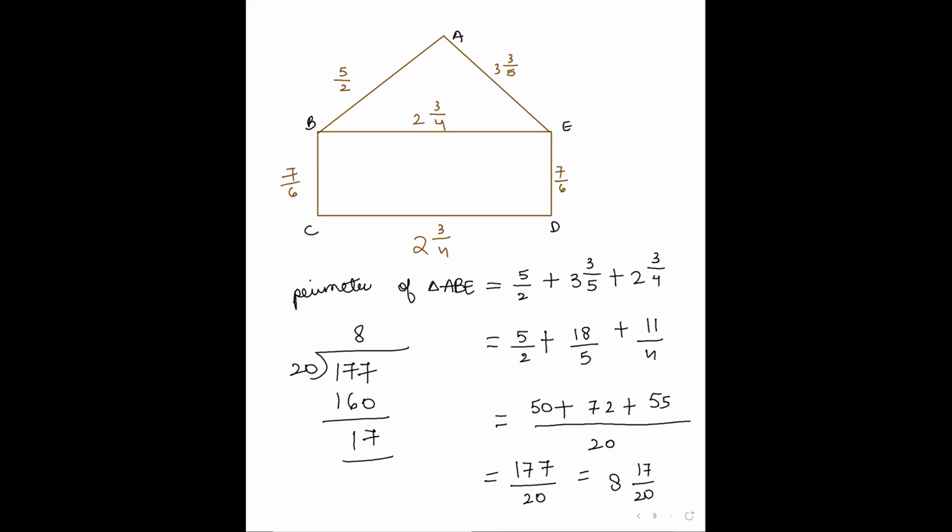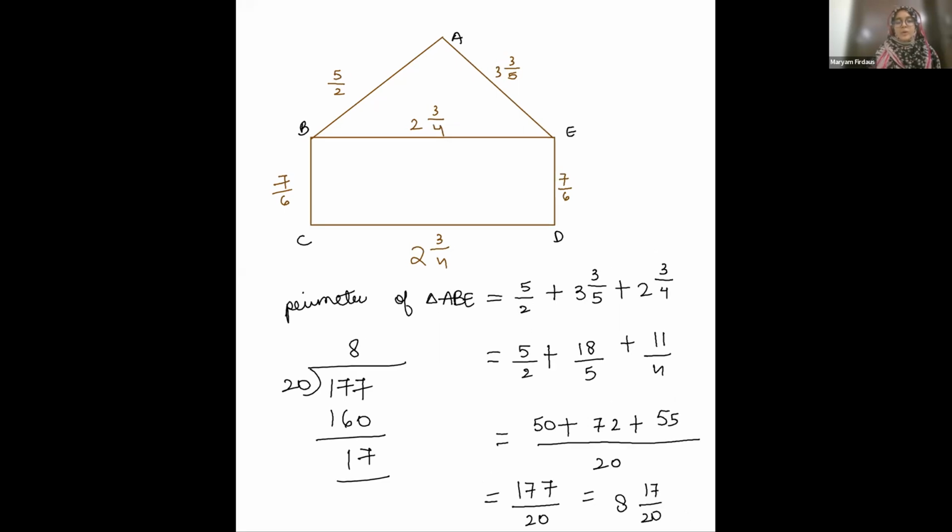It will be 8 17 by 20. Very good. Okay, so that's the perimeter of the triangle.